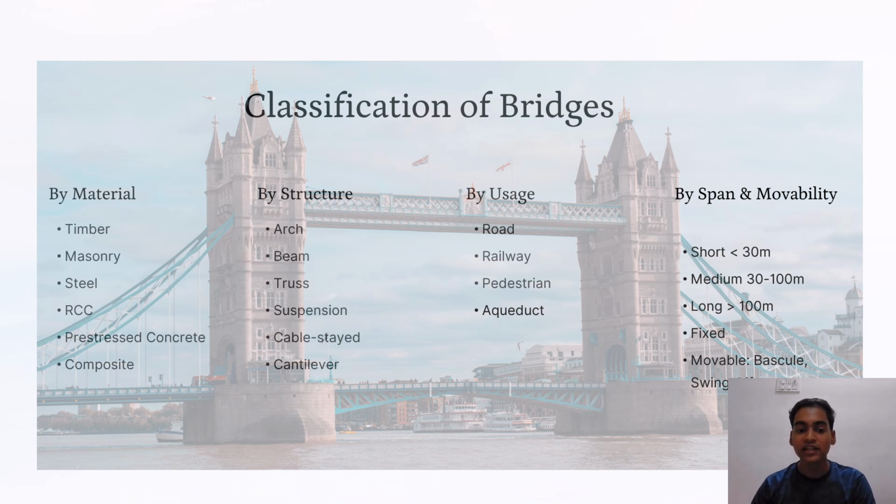By structure, it can be classified by arch, beams, truss, suspension, cable stayed, and cantilever. By usage, we can classify it as road, railway, pedestrian, and aqueduct. By span and movability: short, which is lesser than 30 meters; medium, between 30 to 100 meters; long, greater than 100 meters; fixed; movable.